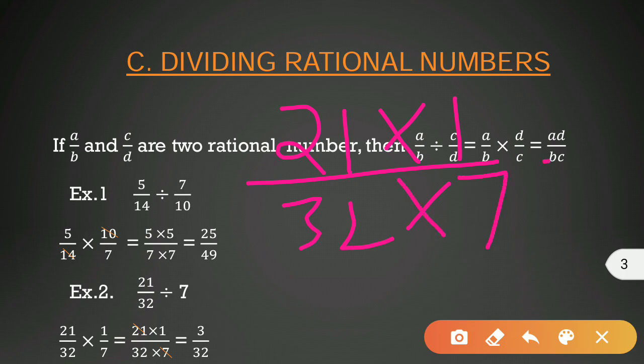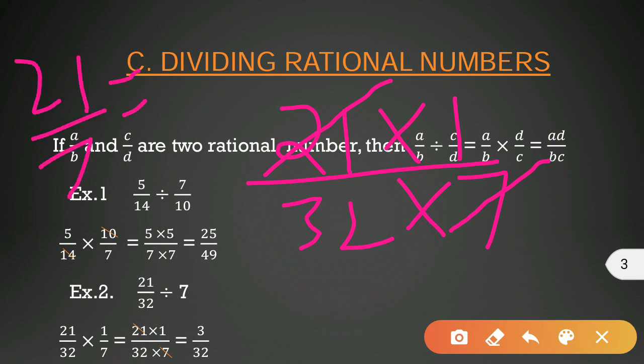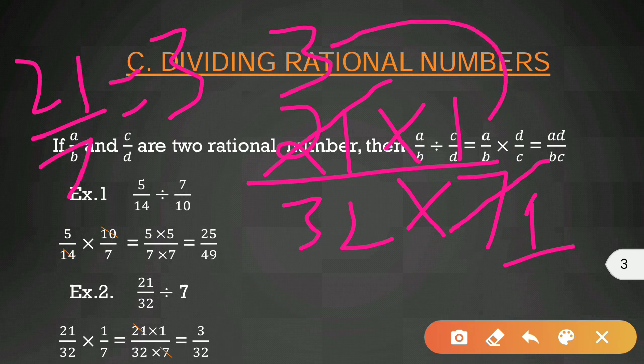We can cancel this 7 and 21. If we divide 21 by 7, it gives you 3. So write here 3. And this 7 divided by 7 gives you 1. Now in the numerator, 3 into 1 gives you 3. 32 into 1 gives you 32.